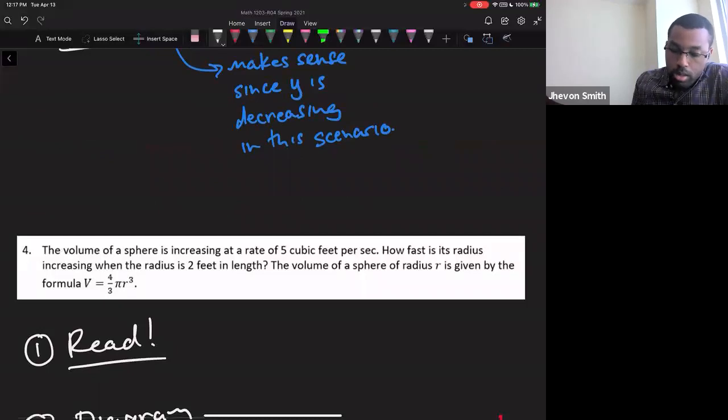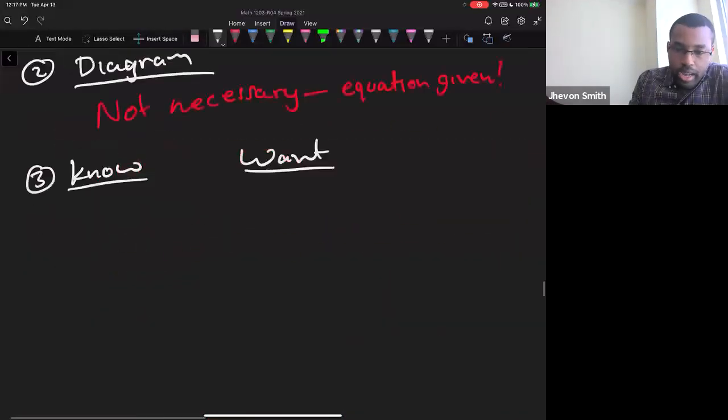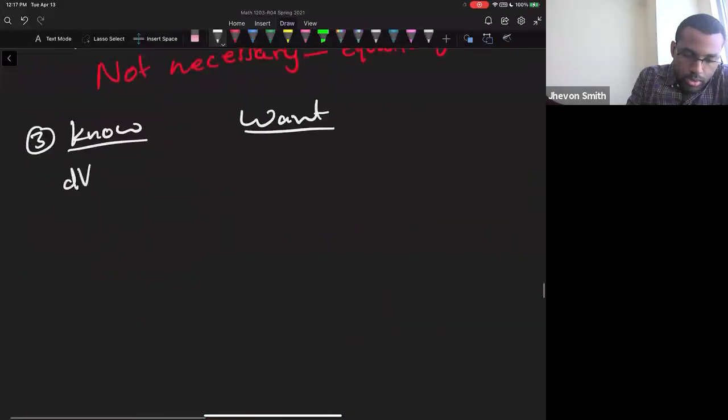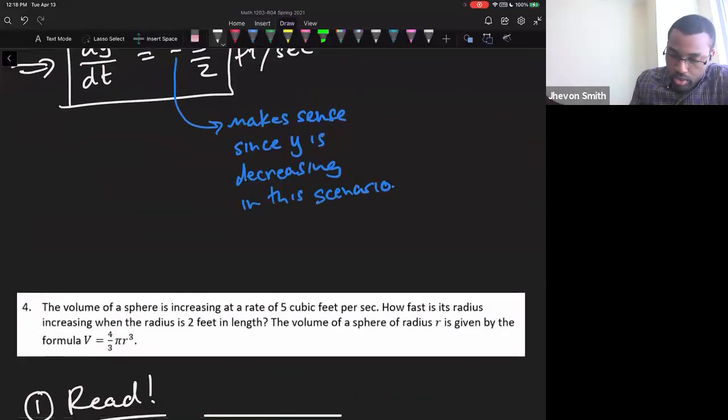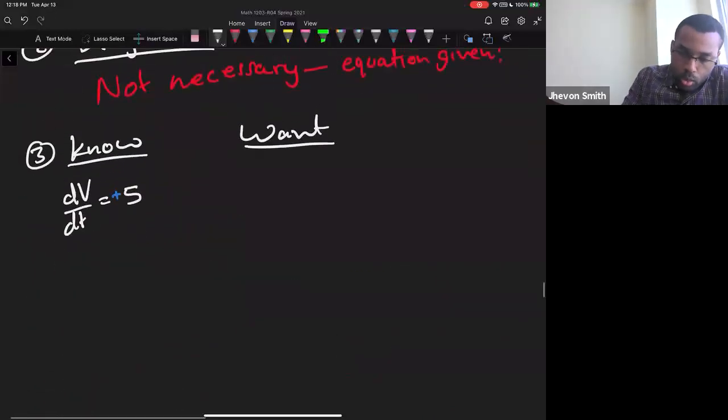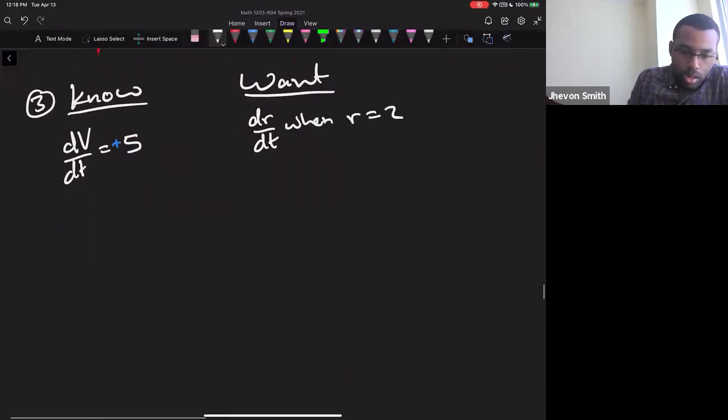We know that the volume is increasing at 5. We know that dV/dt equals 5, plus 5 to be exact. What do we want? How fast is the radius increasing when the radius is 2 feet in length? We want dr/dt when r equals 2. Moving on to step 4, equation.